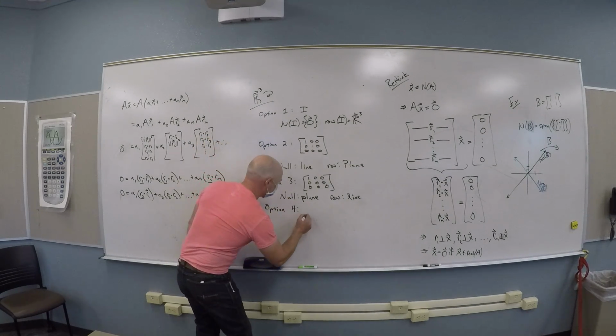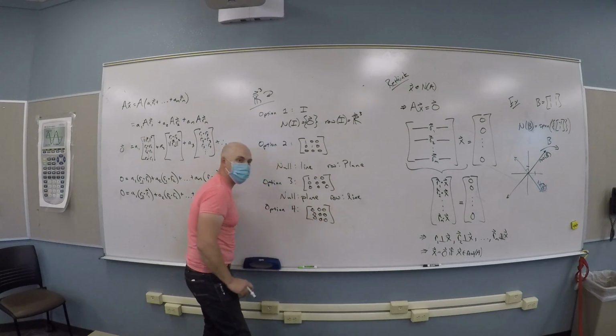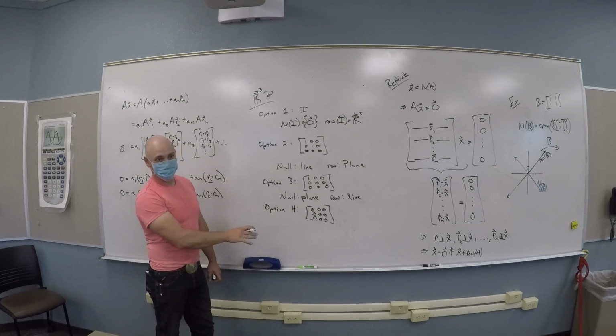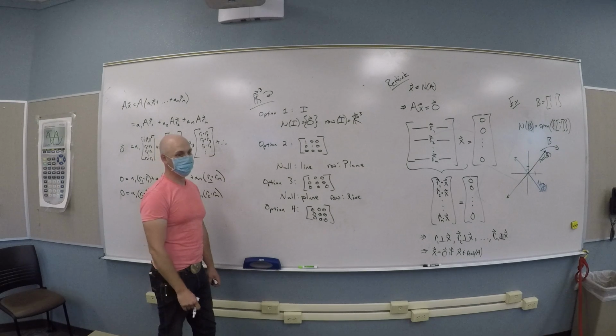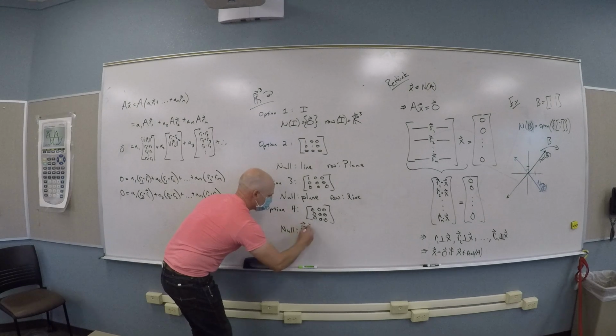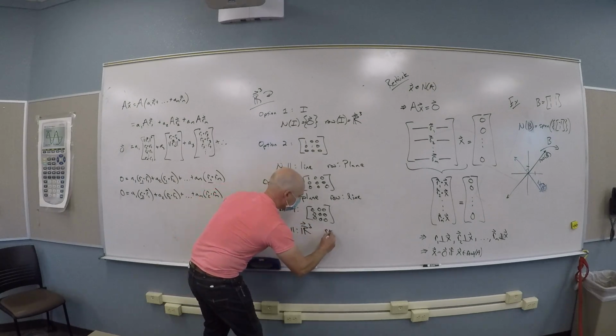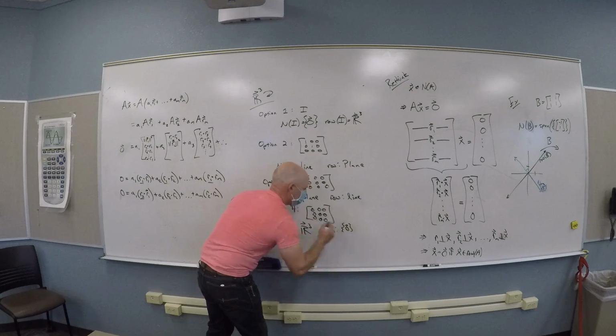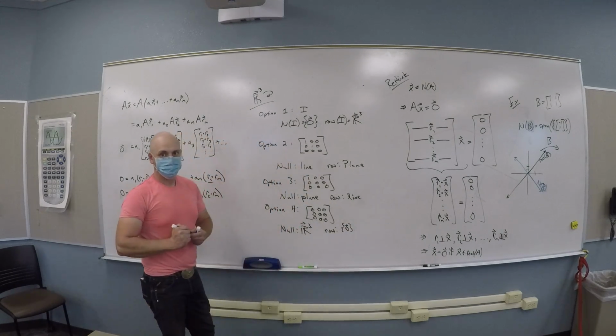Okay. So the only matrix like that is going to be the 0 matrix. You guys see that? So there is a 4th option, but there's only one case there, right? So that'd be the null space is everything, and the row space is just the 0 vector. You guys see that?